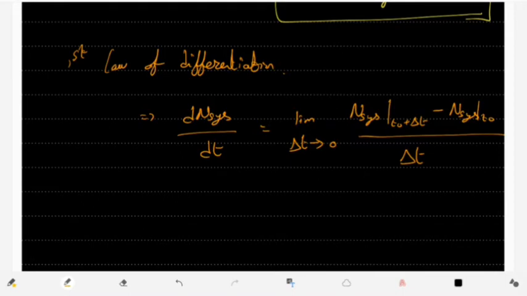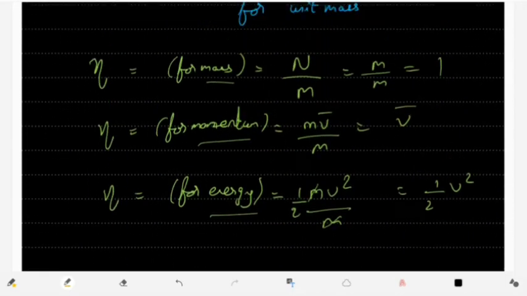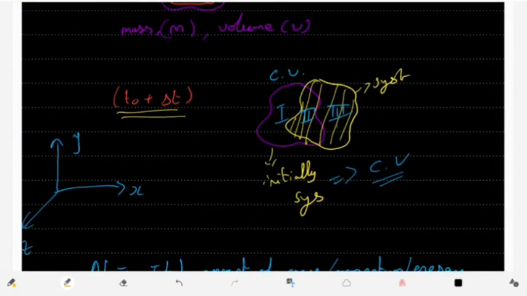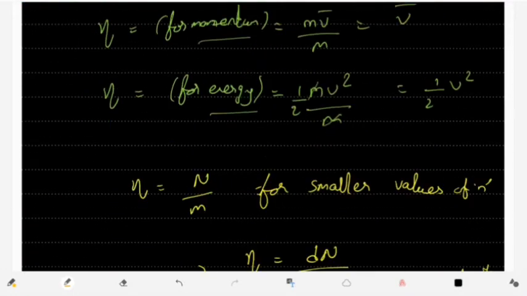This will give us at how much rate the system is moving per unit time. At the initial time t naught, the system is at this part, and for the time t naught plus delta t it moves to this part. So at what rate the system is changing, that we are finding out now.